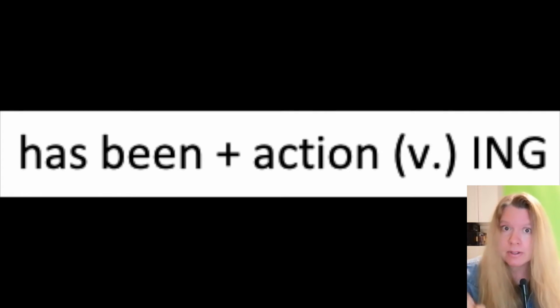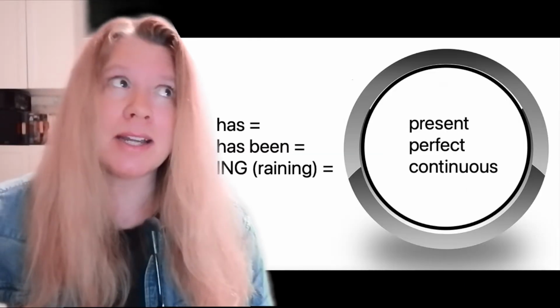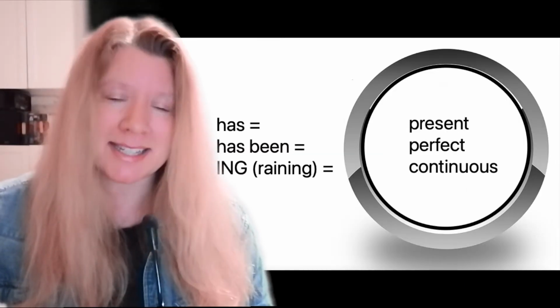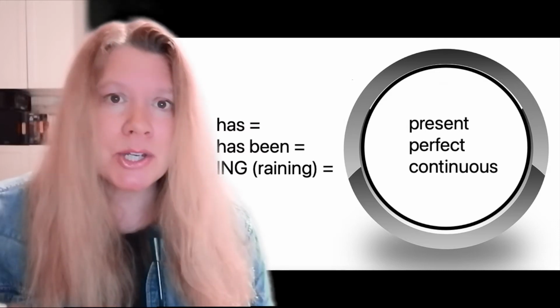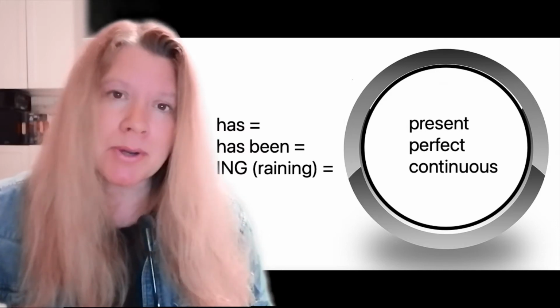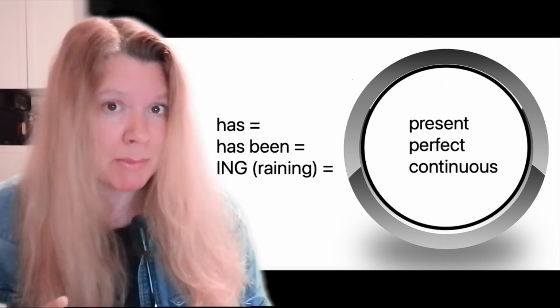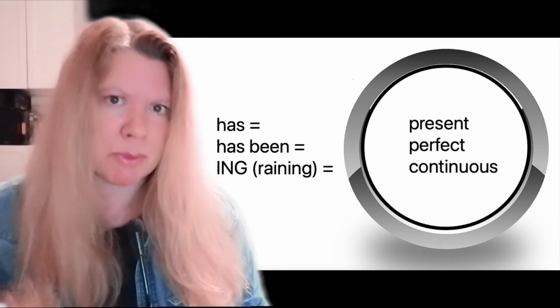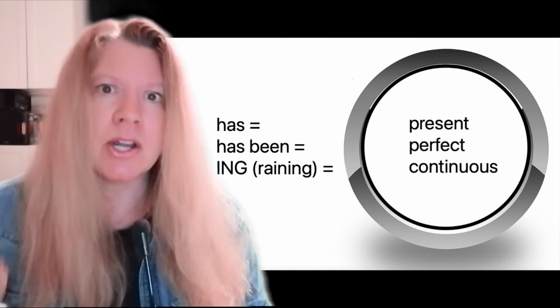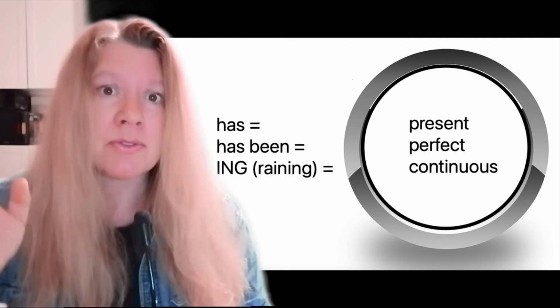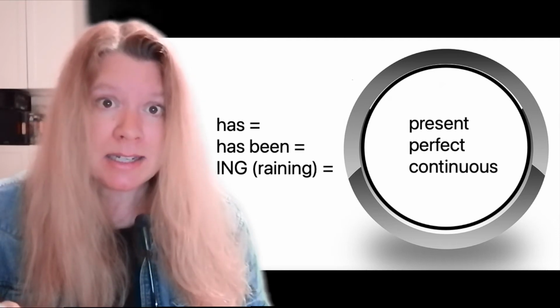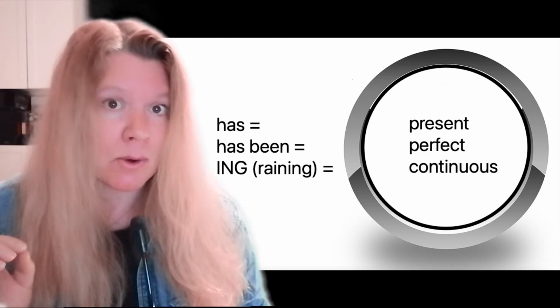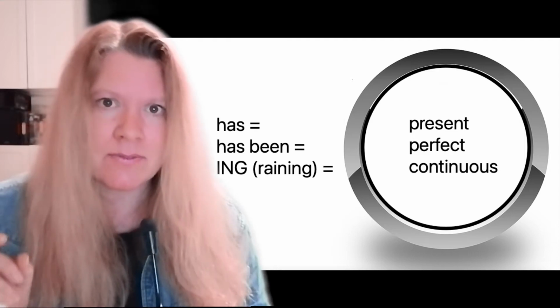So progressive or continuous, you're just going to add ing. Same thing. Is it still raining? Yes, it is. So we must use this present perfect continuous. But remember, don't worry about continuous or progressive. That doesn't matter. Just remember that those words mean to add ing to the end of the action, the verb.